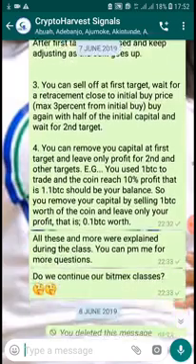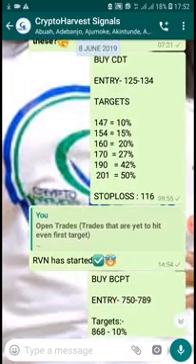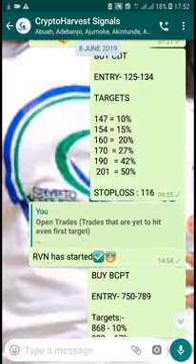Now, let me get an example of a trade. This is buy CDT. Entry is 125 to 134 sats.